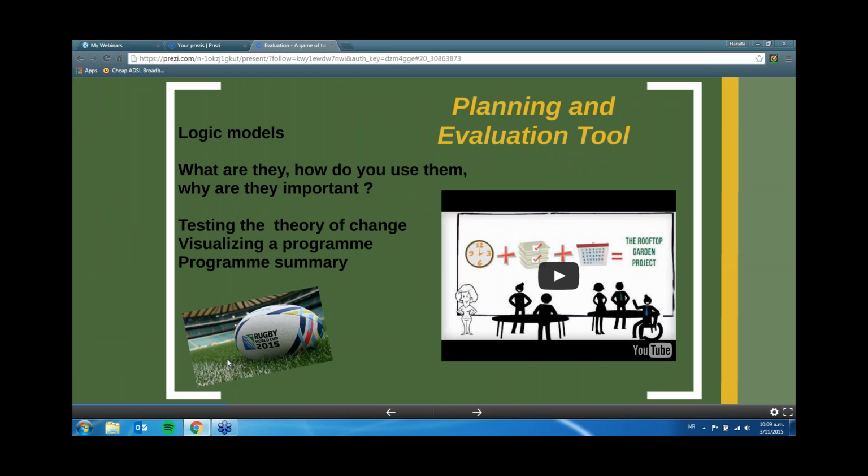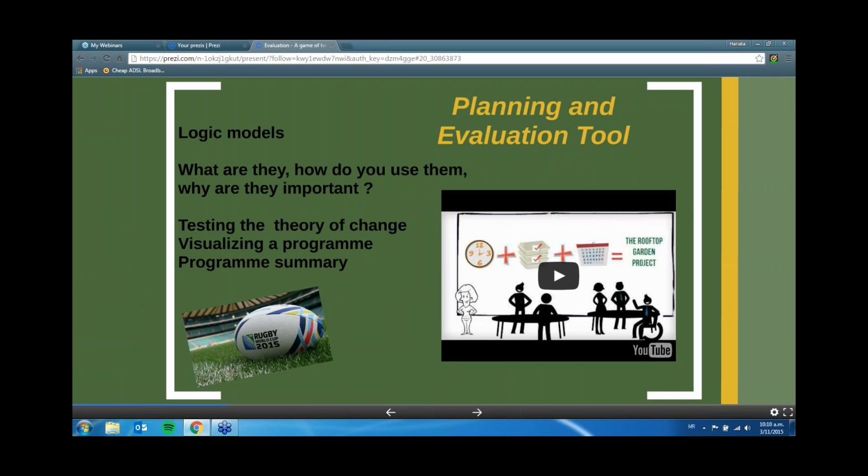So logic models are one of the key tools, it's kind of like a buzz term. It's been around for a while. It was there when I started out in evaluation, but they're a framework for understanding how to plan and conduct an evaluation. When you think about what they're useful for, they're useful for helping you test the theory of change in a program, helping you visualize your program.